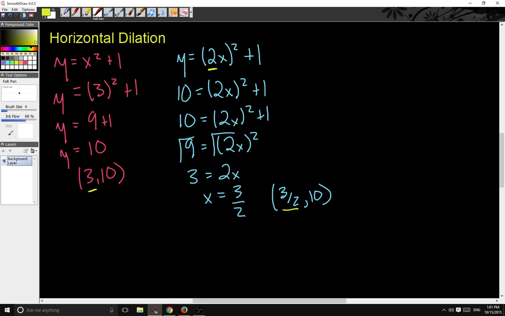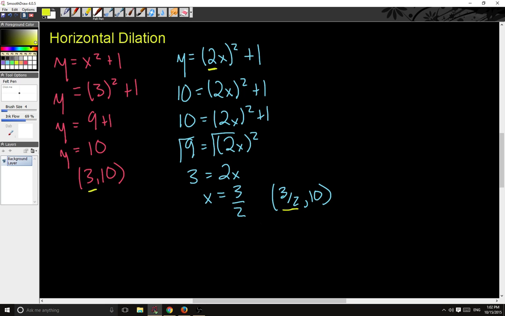So it seems like we might have discovered a rule for what happens to graphs when we horizontally dilate them. That rule is we take whatever x-coordinates we have on our graph and multiply them by the reciprocal of our factor, and we get our new x-coordinate.